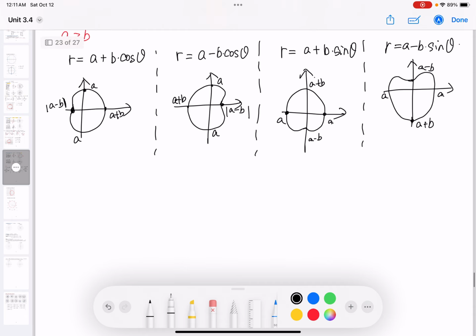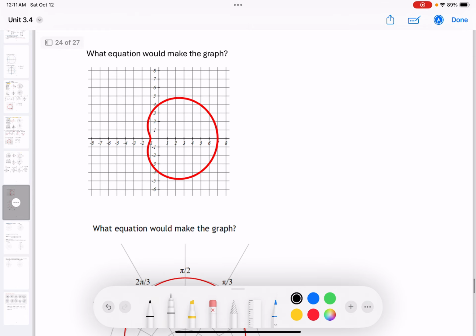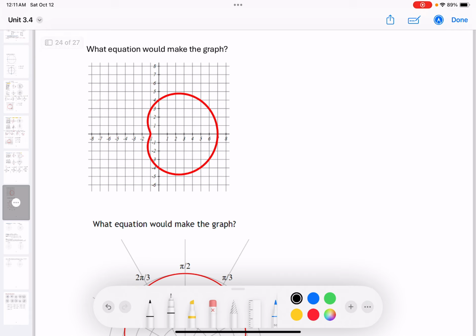Okay, let's see the next example. What equation would make the graph? So this is a dimpled limaçon. For the dimpled limaçon, we have r is equal to a plus or minus b times sine or cosine. From the graph, I can tell this is cosine. And then decide positive or negative: b is positive, because the major part is on the positive x-axis, a plus b times cosine theta.